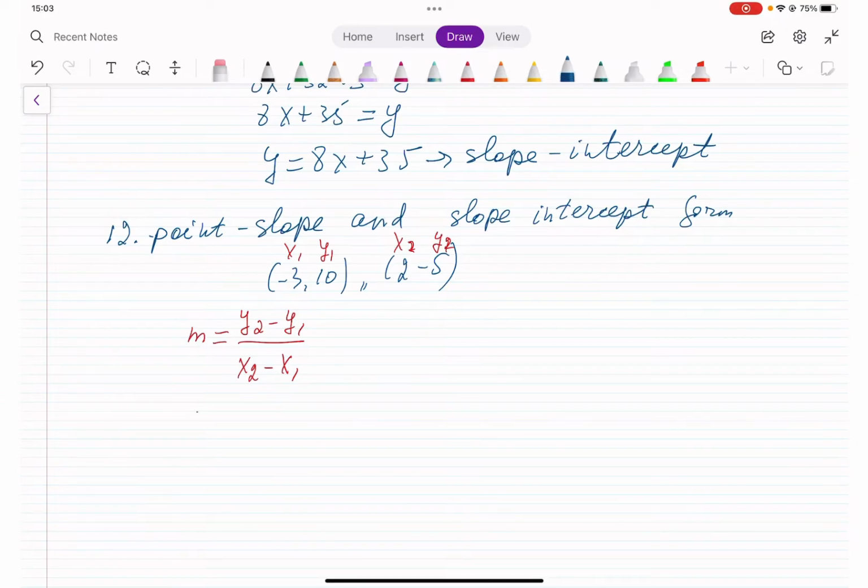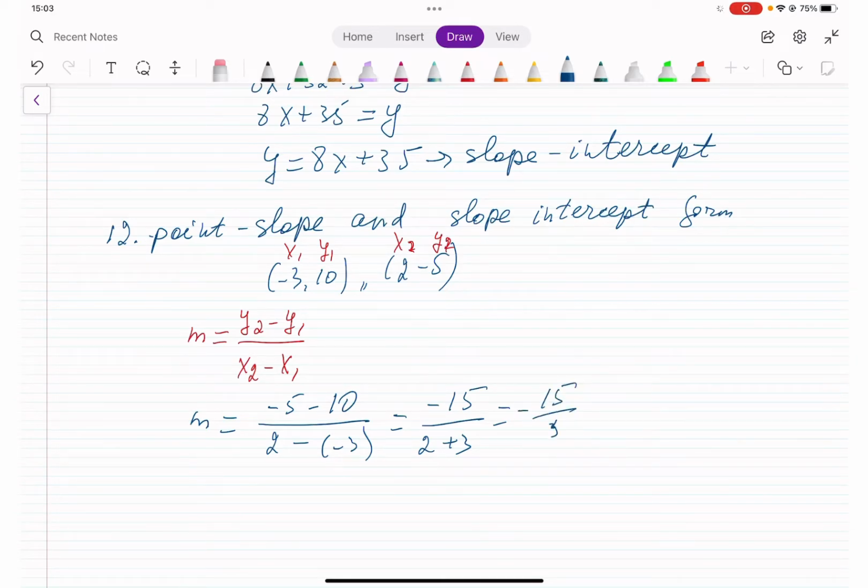So m is equal to y2, which is -5, minus y1, 10, over x2, which is 2, minus x1, -3. So the result is -5 minus 10, which is -15, and 2 plus 3. We are getting -15 over 5, and the answer is -3. So our slope is -3.